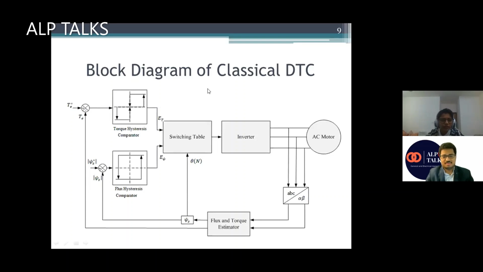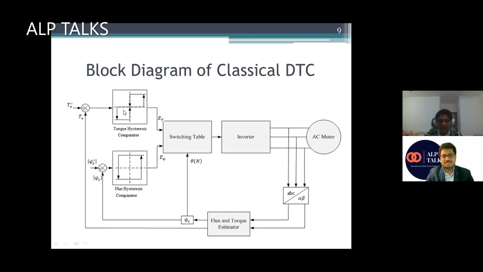So these are two hysteresis controllers: the torque hysteresis controller and the flux hysteresis controller. The torque hysteresis controller is a three-level comparator. If the error between the reference torque and the estimated torque is greater than the upper limit of the band, the output of the torque hysteresis comparator will be +1.